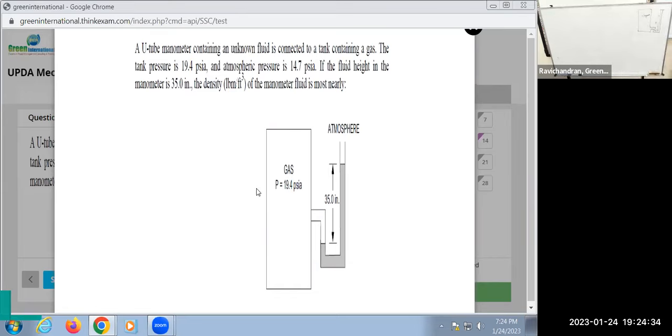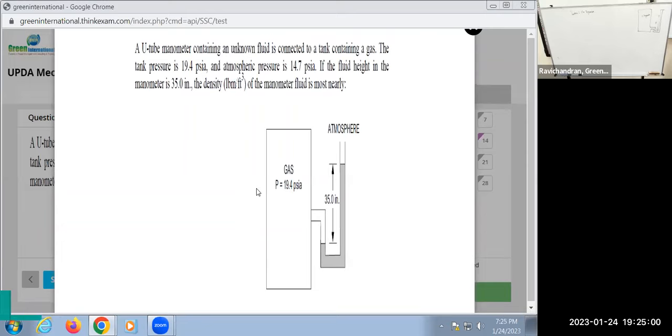The atmospheric pressure is 14.7. Okay, so it's a U-tube manometer having an unknown fluid containing a gas. The tank pressure is 19.4 and atmospheric pressure is 14.7.